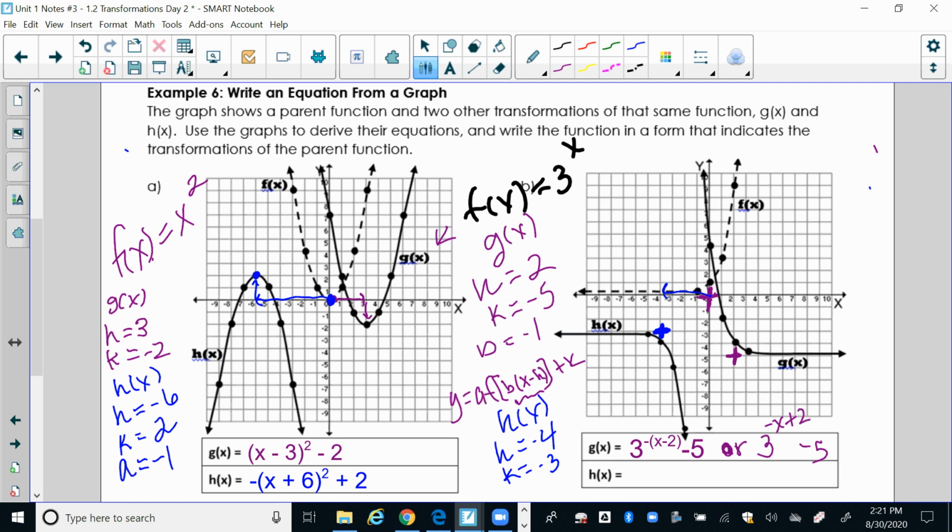And it also appears that we have a reflection over the x-axis, which means our a value is negative. Taking a look at the change from point to point, there doesn't seem to be any sort of change, so no horizontal or vertical stretch or compression, so our a value remains just -1. So we put this all together and we end up getting the equation for h of x to be -3 to the power of x plus 4, and then -3.